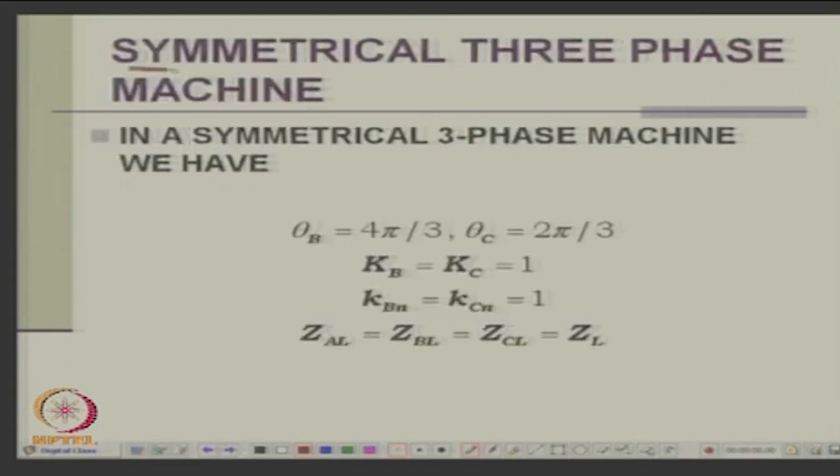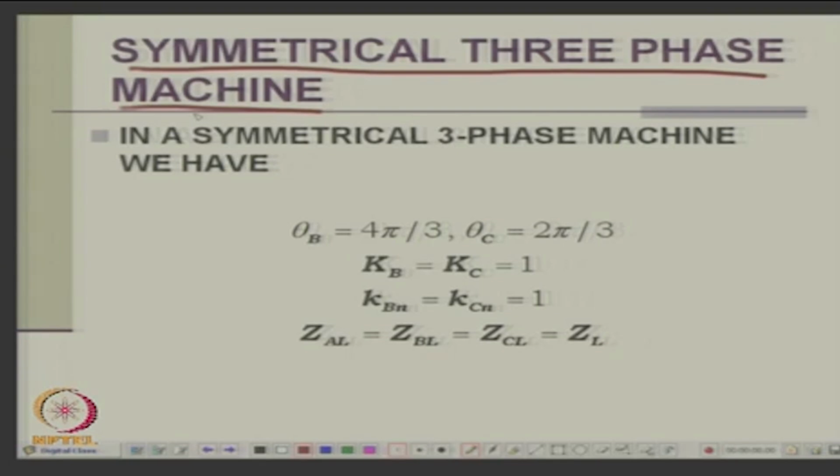Now, let us take a symmetrical machine. Let us hope that we will have the same equations which we knew earlier. All of you know the theory of symmetrical machines, but can we get that? Let us see whether we get it or not. If we do not get it, we are in trouble. If we get it, we have no problem.